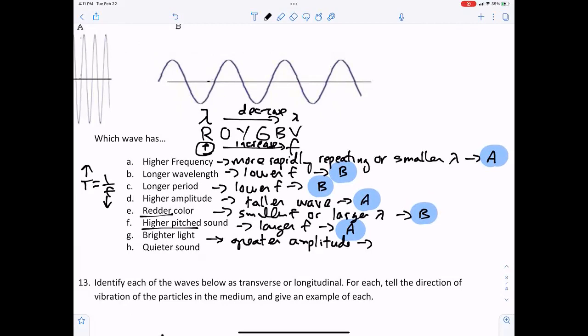So greater amplitude would be A. And finally, quieter sound. Quieter sound goes with the lower amplitude. So quiet goes with the intensity of the sound wave, which also relates to amplitude. So we're looking for the wave with the lower amplitude, the quieter sound. That would be B.